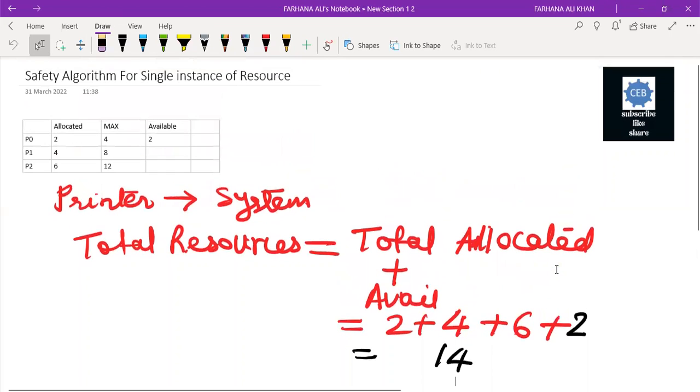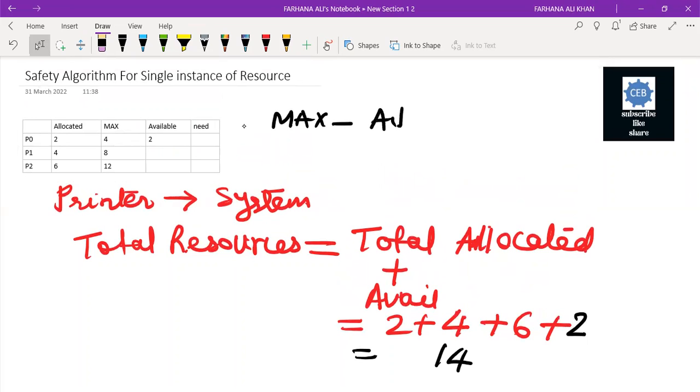Now we will start with the need matrix. The first step for finding the safe sequence is to calculate the need matrix. What is the formula for the need matrix? The need matrix formula is max minus allocated.